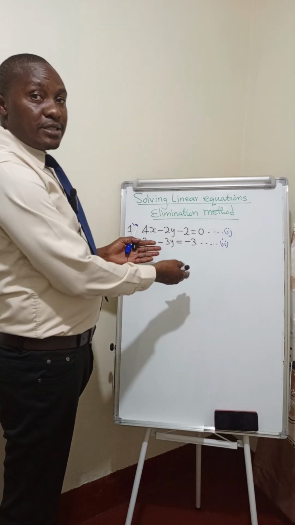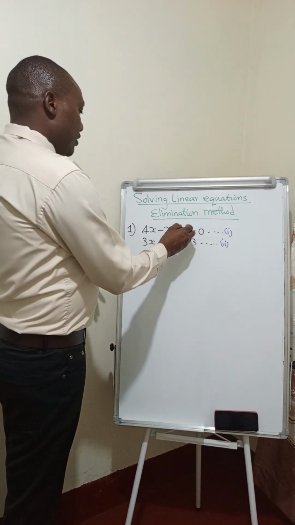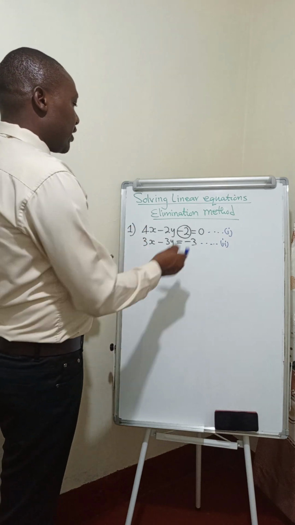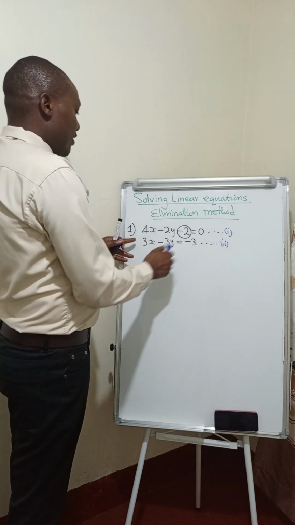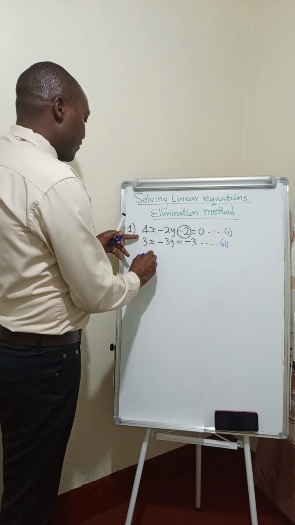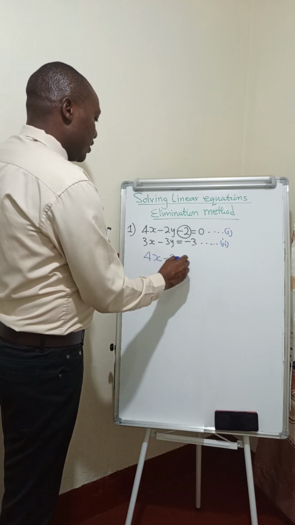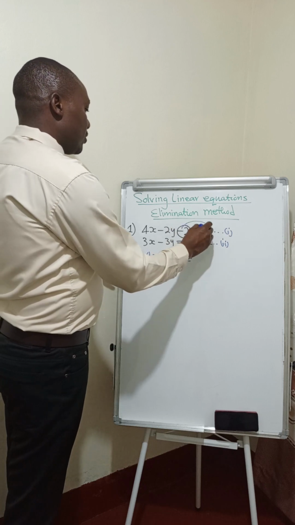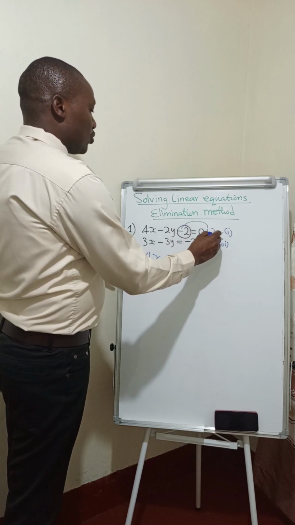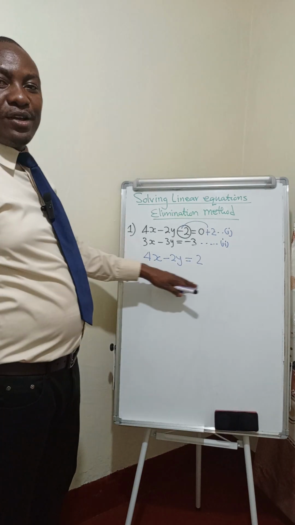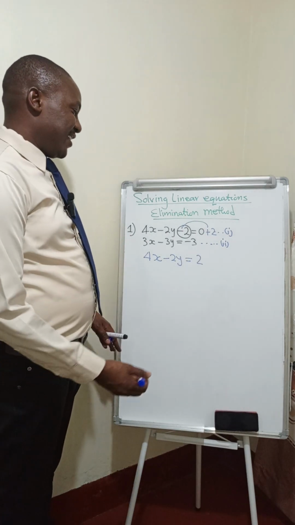The -2 will come to the other side. So if we rewrite it, we shall have 4x minus 2y is equal to, this one will be plus 2. 0 plus 2 is 2. We have our normal equation here.